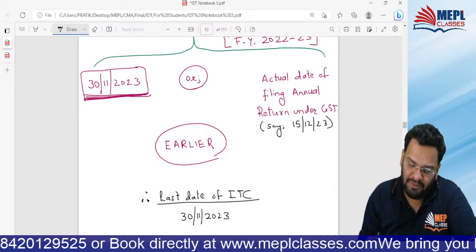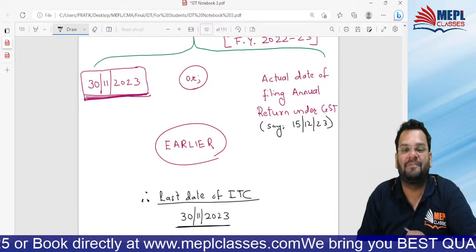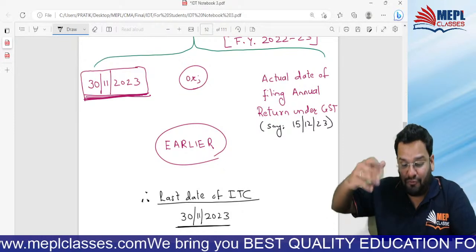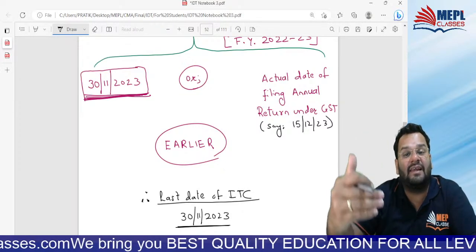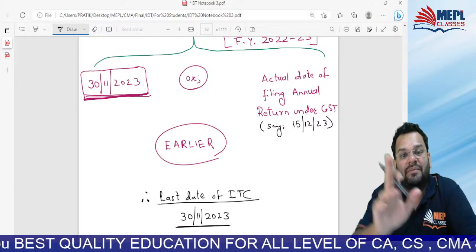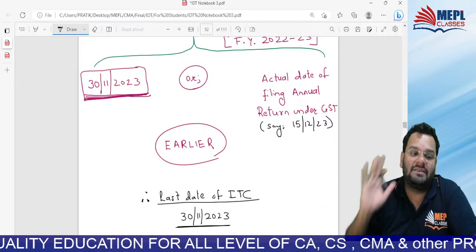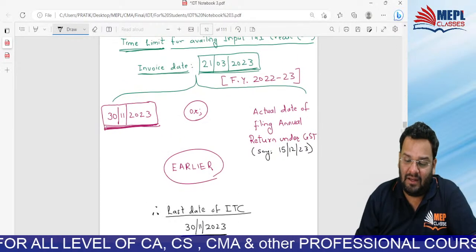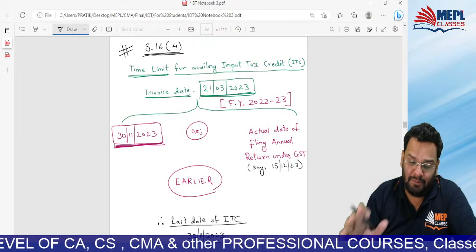Do you agree with me? But if before 30th November 23 itself, by taking initiative, you file the annual return of GST, then that date will become the last day. Did you understand 16.4? Let me know.